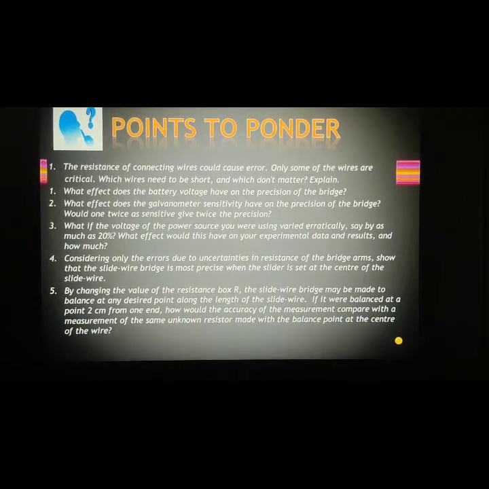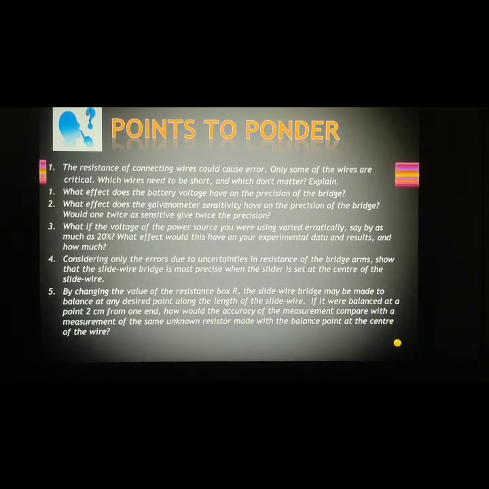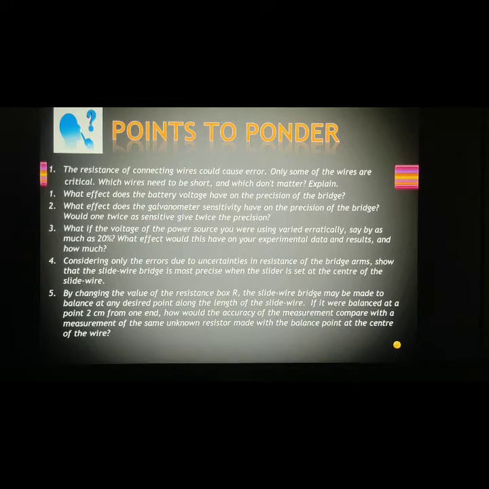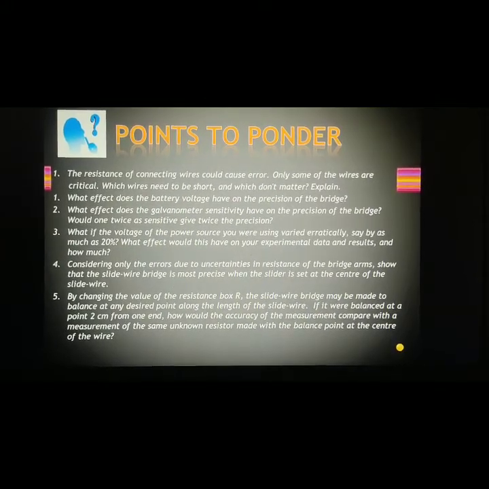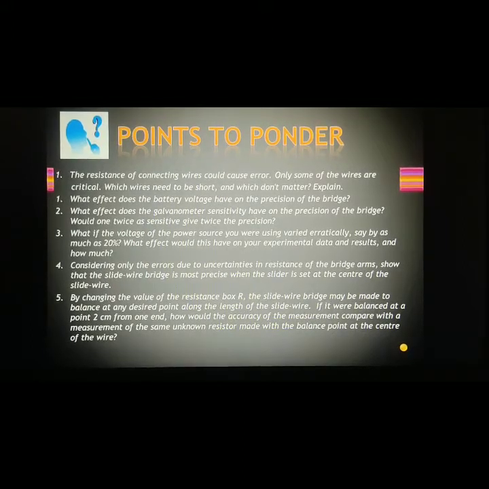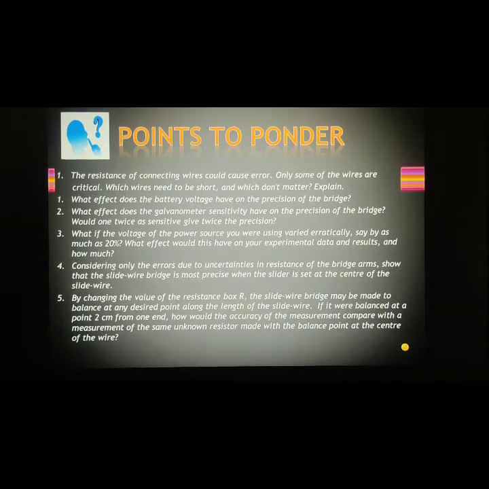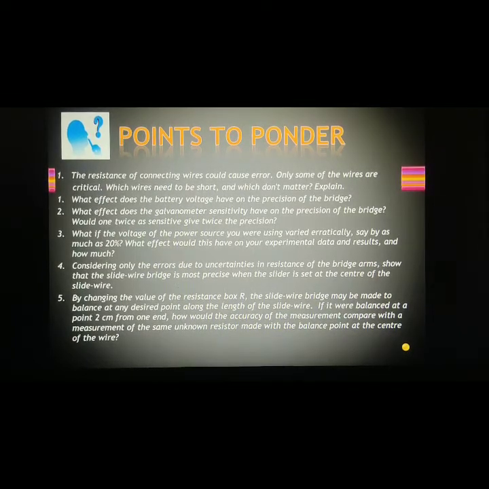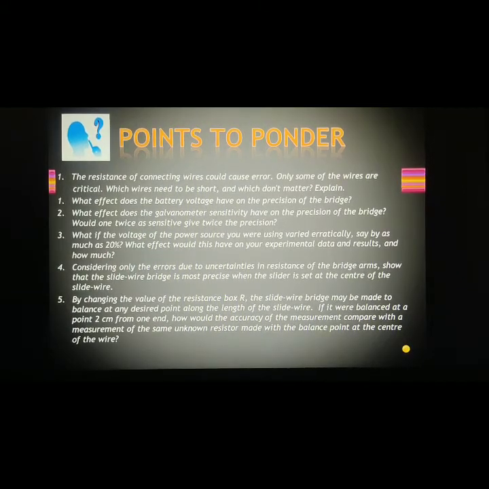Considering only the errors due to the uncertainties in resistance of the bridge arms, show that the slide wire bridge is most precise when the slider is set at the center of the slide wire. By changing the value of the resistance box R, the slide wire bridge may be made to balance at any desired point along the length of the slide wire.